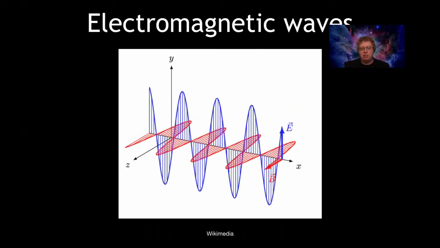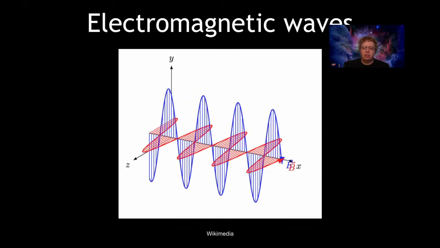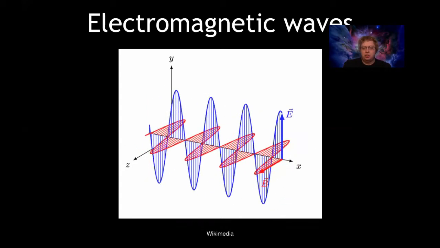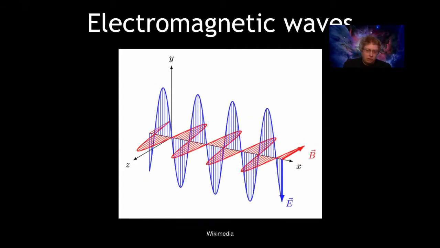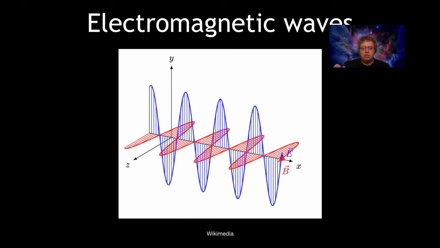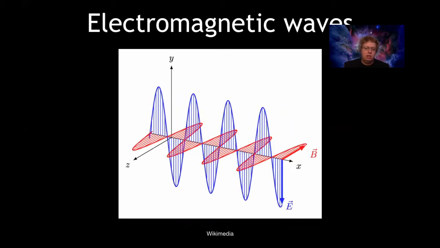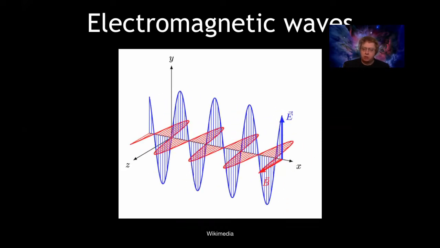This is light. Light is the interaction of these two fields reinforcing and recreating each other forever and ever until they hit something. They can go through vast distances of space doing exactly this until, for example, they hit our telescopes.